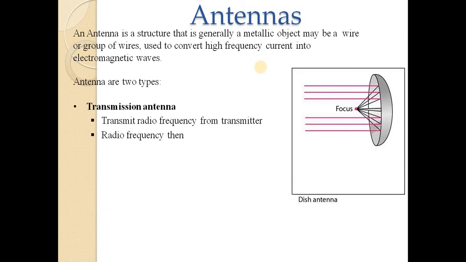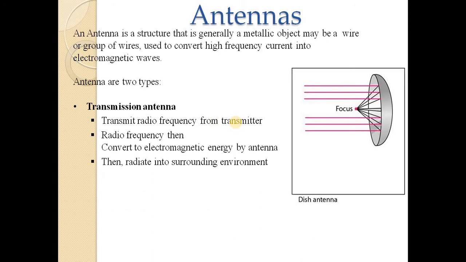First is the transmission antenna, or transmitting antenna. It transmits the radio frequency from the transmitter, and the radio frequency is then converted to electromagnetic energy by the antenna and radiated into the surrounding environment. Means that the transmitter first converts the data signal into electromagnetic waves and then transmits them using a suitable antenna.